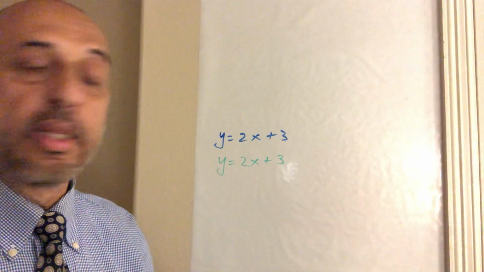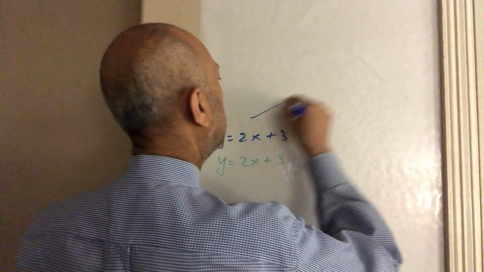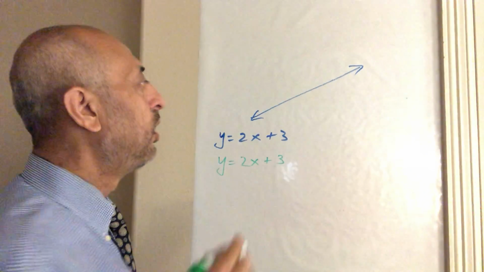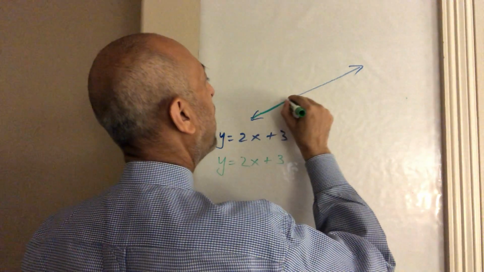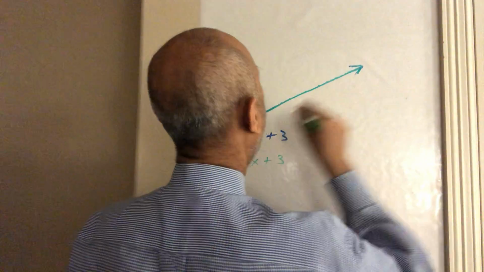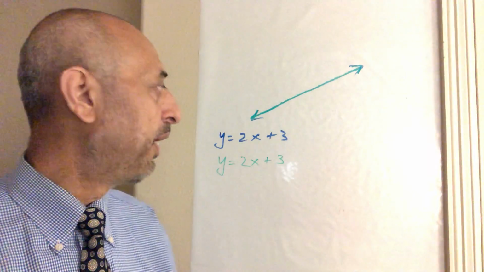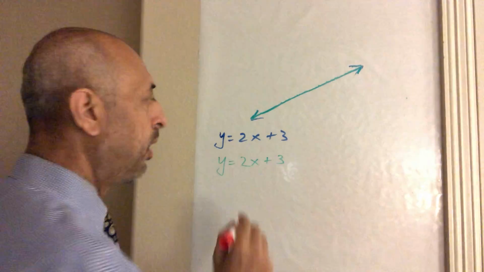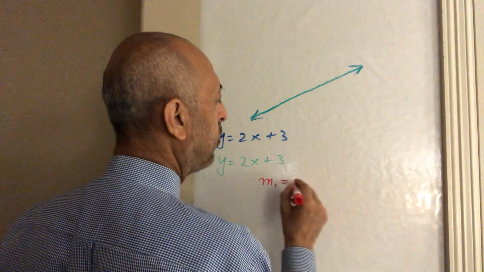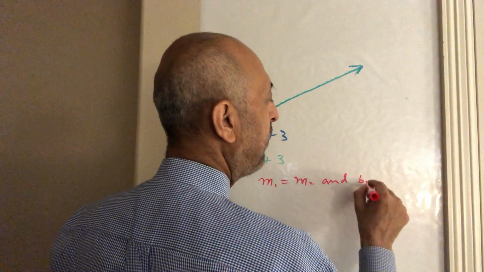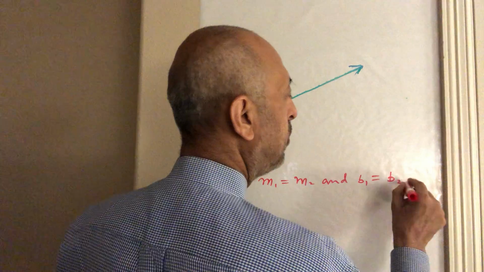This means that the first line is a line and the second line is a line that is coinciding with the first line. All points on both lines are common. This happens when m1 is equal to m2 and b1 is also equal to b2.